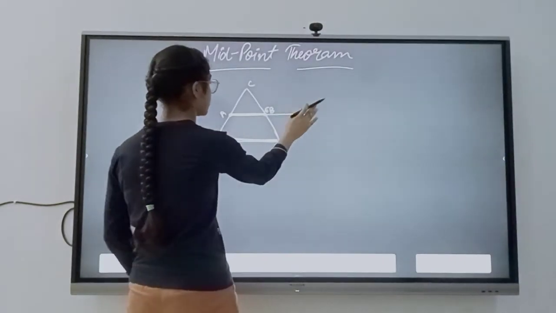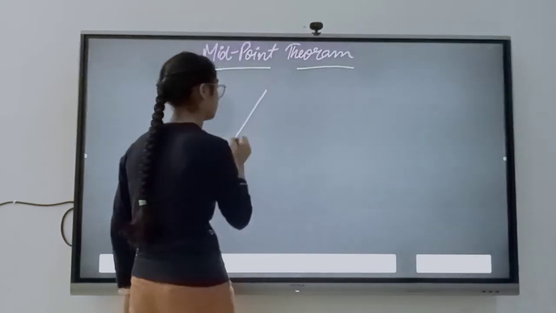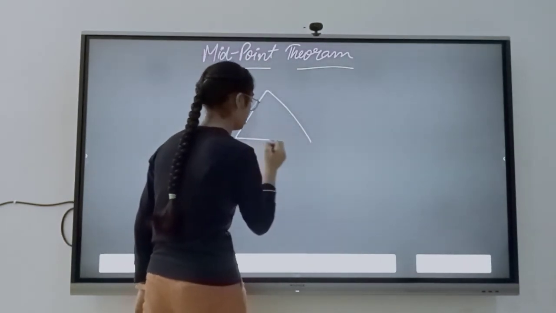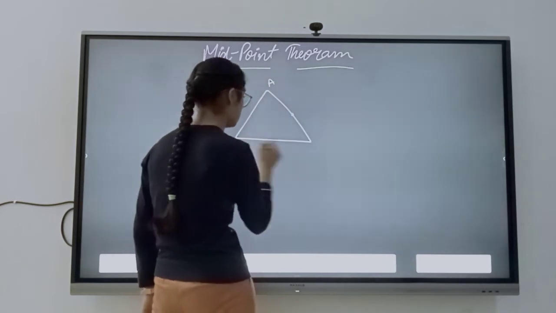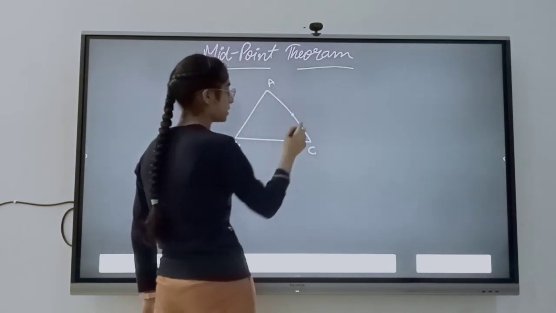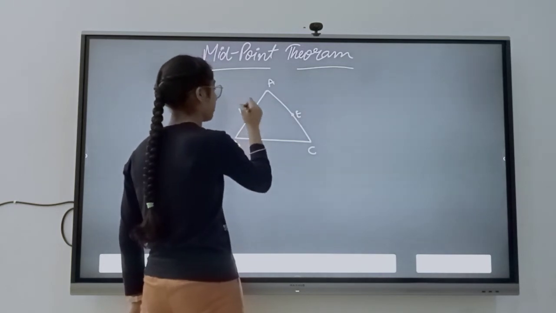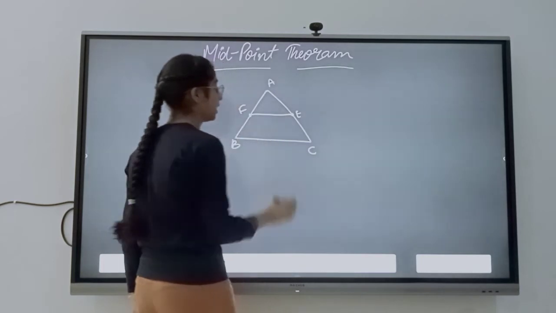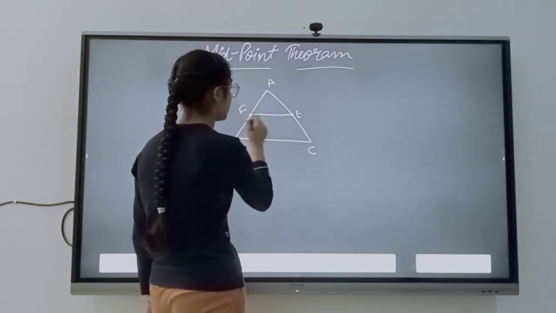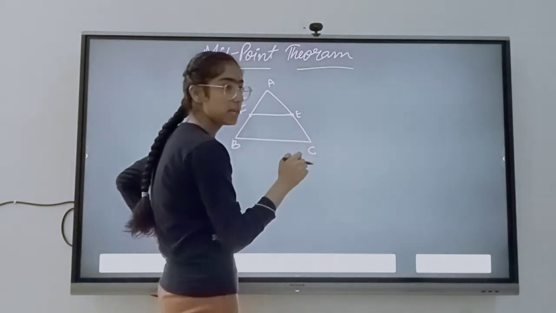For instance, let's take an example of this triangle. The midpoints of this triangle are AC's midpoint is E and AB's midpoint is F. If we join E and F, it states that EF is equal to half of BC and is parallel to BC.